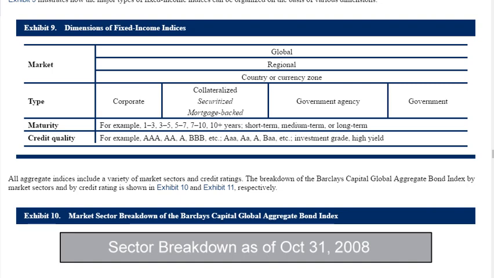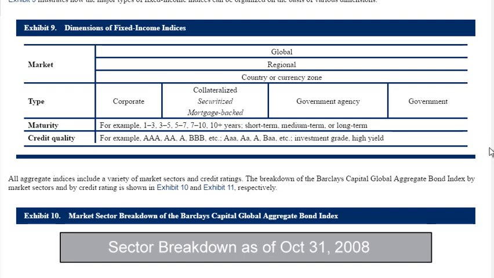Then we had the type, corporate, collateralized, securitized, mortgage-backed, government agencies, government, and then the maturity, for example, 1 to 3, which is short term, 3 to 5, 5 to 7, medium, 10 plus years, which would be the long term. And then finally, the credit quality, AAA, AA, triple B, anything which is going from investment grade to the higher yields.